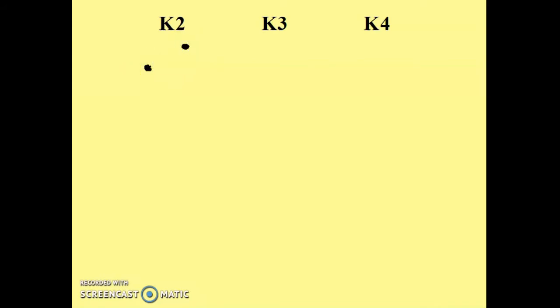And to make it complete, you just have to join them to each other. That's a K2. So there are two vertices. There is one edge. What's the degree of every vertex? Well, just one in that case.